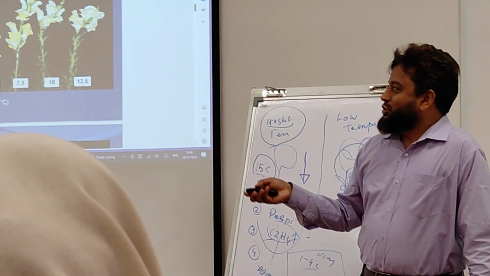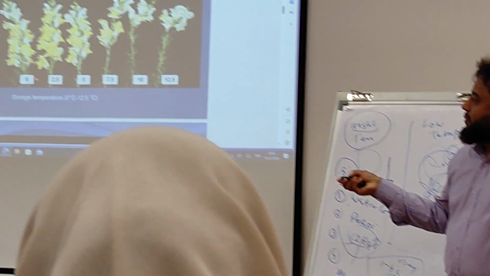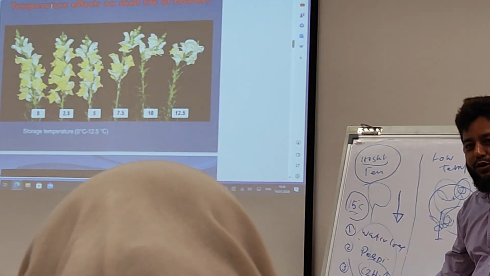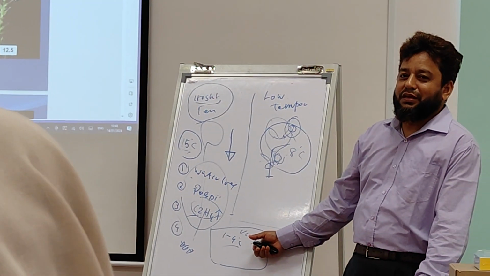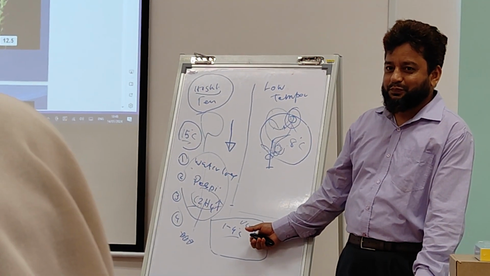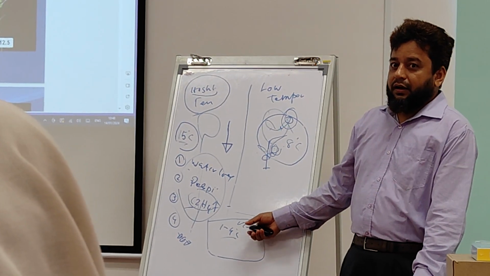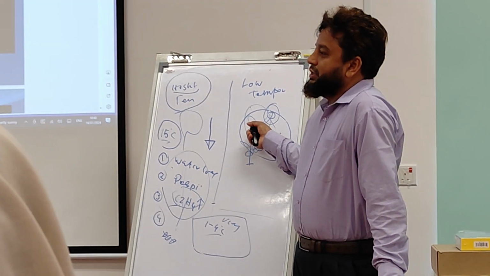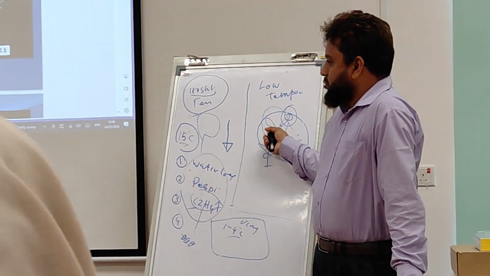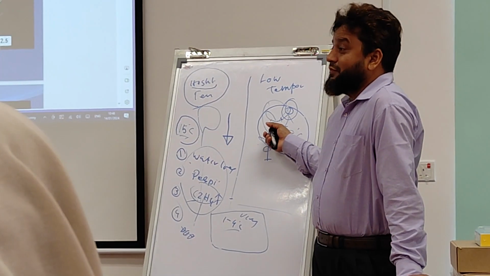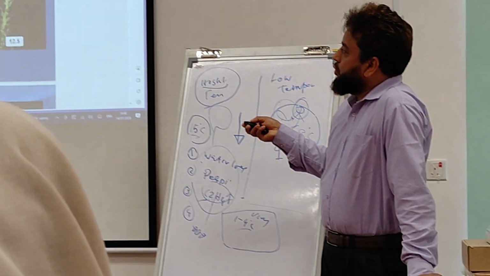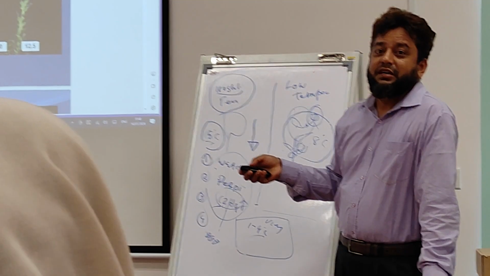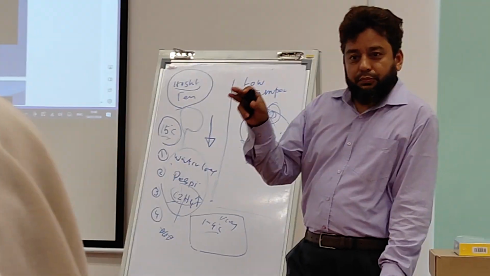Can you tell me, here we can see 0 degrees is good, but for the rose, why is 1 to 4 not so good? Because it lives in a tropical area. Yes, okay. So the rose is a tropical flower, and this type of flower is a temperate flower, which grows at very low temperature.